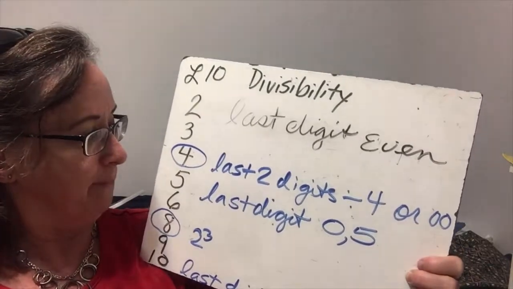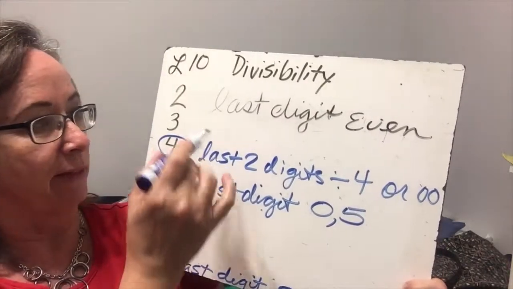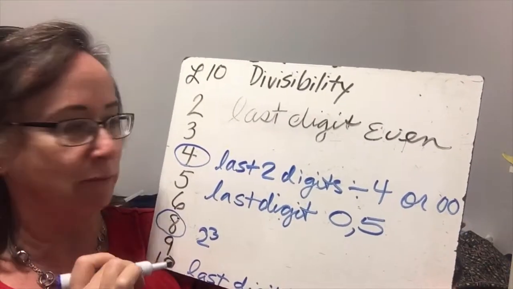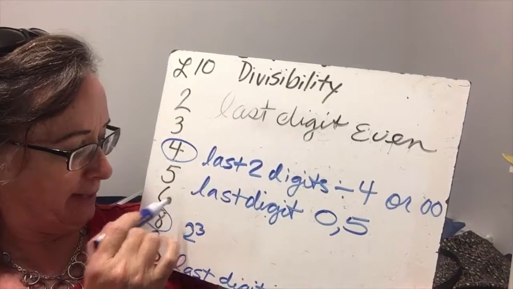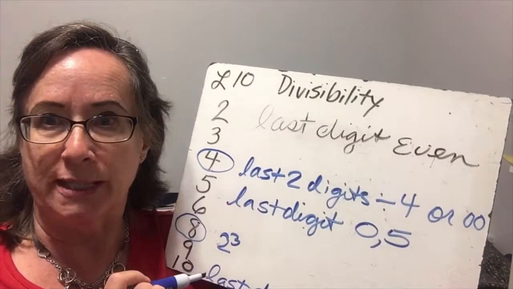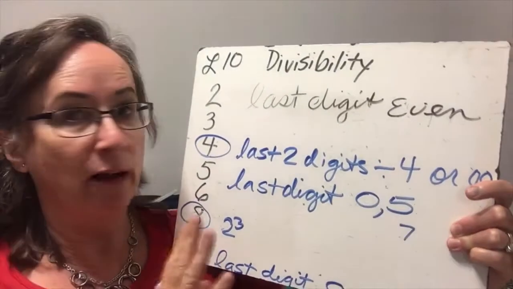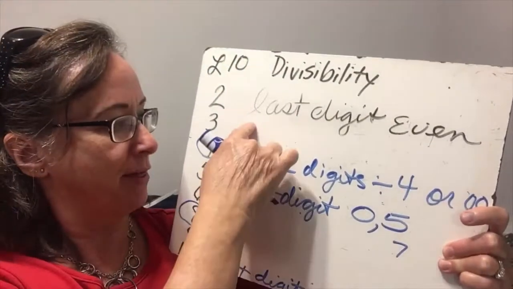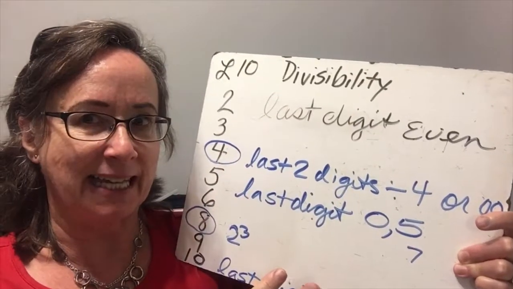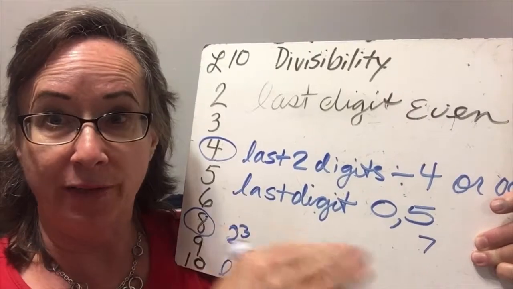Okay, so now let's look at the 3 rule, because the 3 rule is really going to be part of the 6 rule and the 9 rule. So notice we skipped over 7. There's not really a good rule for 7. So now we're looking at 3, and both 3 and 9 and 6 have something to do with sums of all the digits.